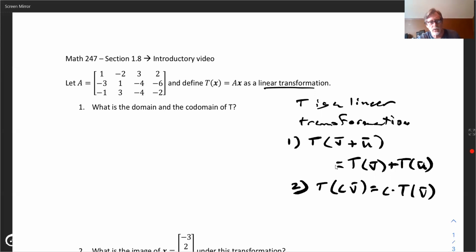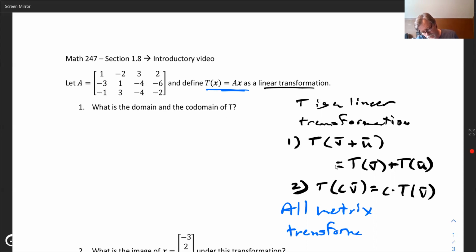I was talking about spaces, and I was saying it maps from R3 or whatever. Let's nail that down. So say we've got this definition: T is defined as a matrix times a vector. And by the way, all matrix transformations are linear.